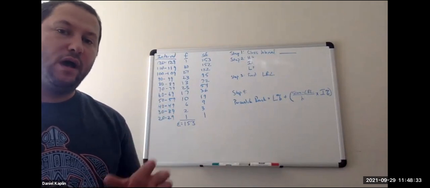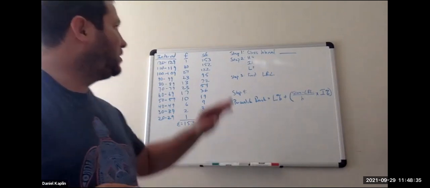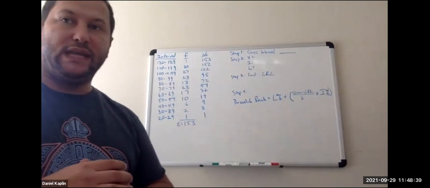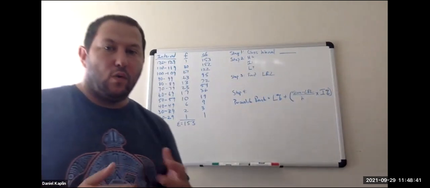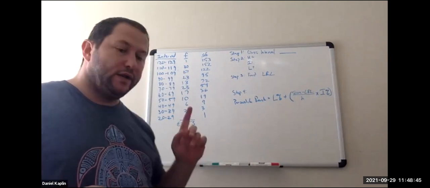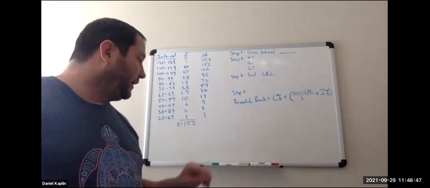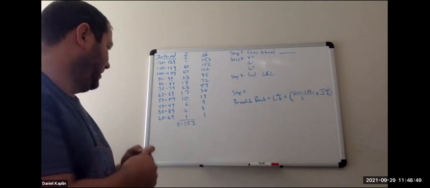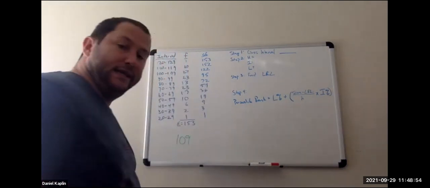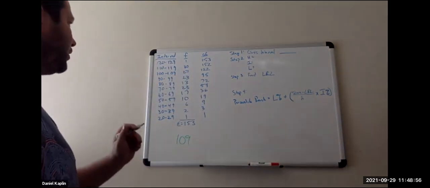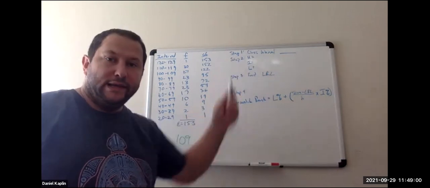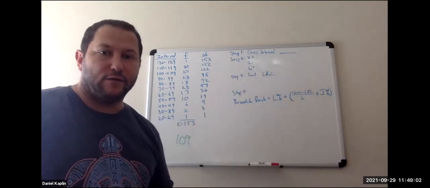And what I've done was I wrote all the steps that we need to go through in order to figure out how to do this. So the score in question was 109, right? So we want to know what the percentile rank is for 109. Great.